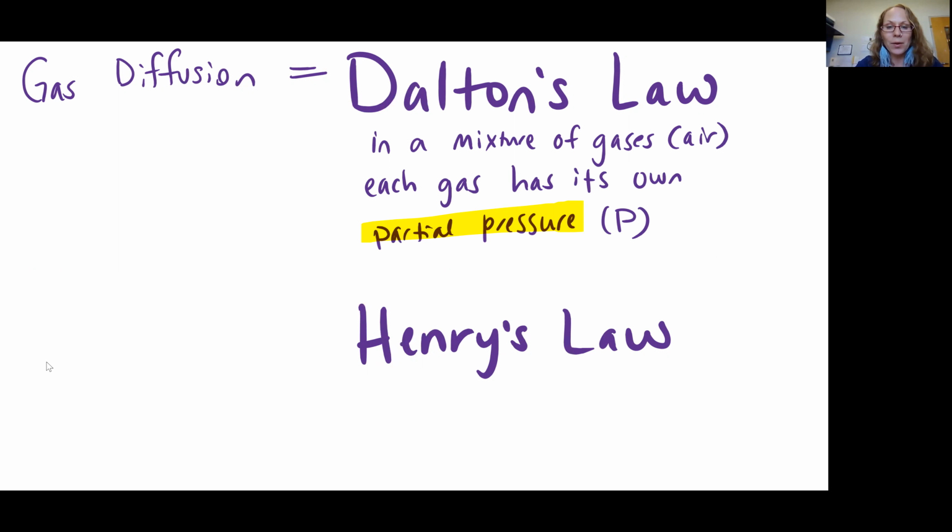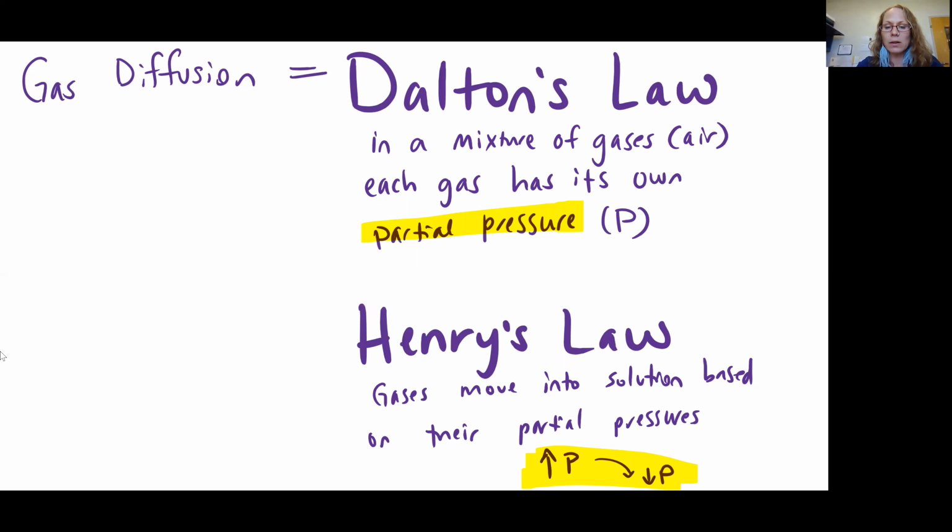Air is composed of oxygen, carbon dioxide, nitrogen and other gases, and each one of those individual gases has its own partial pressure. Henry's law tells us that gases move into solution based on their partial pressures, moving from a high partial pressure to a low partial pressure.